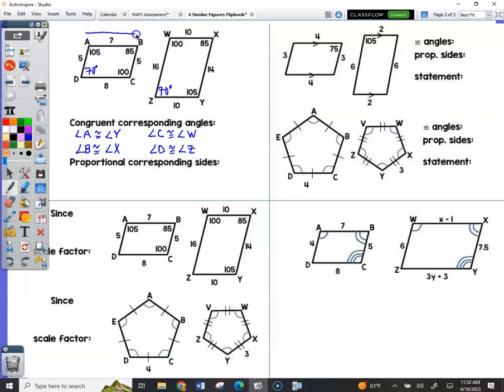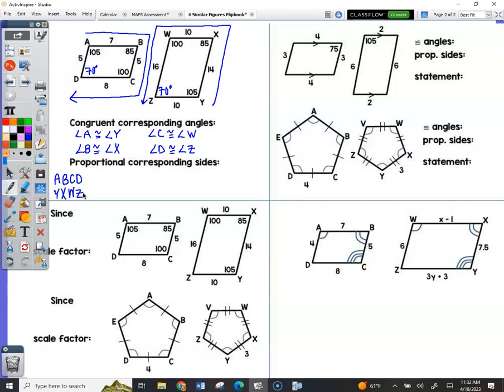So this is A, B, C, D. And then we said it would be Y, X, W, Z. That looks a lot better. So I'm going to write that right here, that I have shape A, B, C, D. And then right underneath it, I'm going to write Y, X, W, Z.